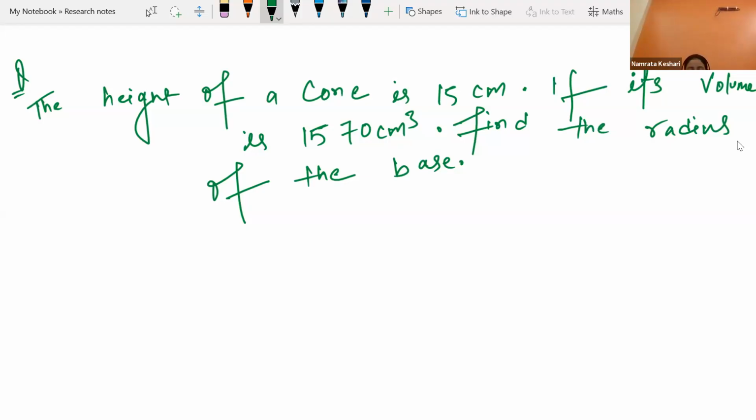Ma'am, 17.72 centimeter. Everyone is getting the same.